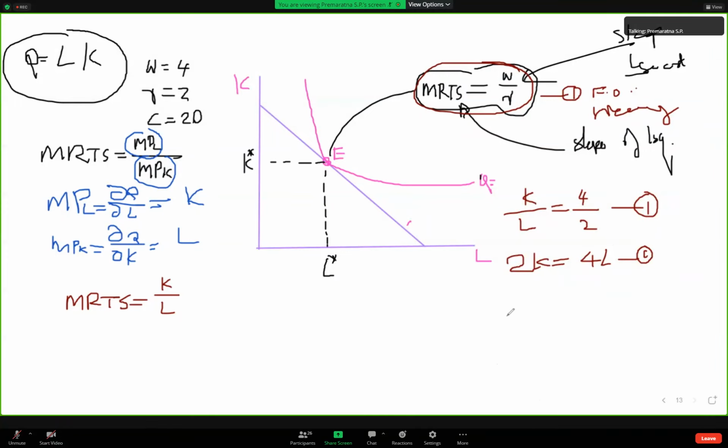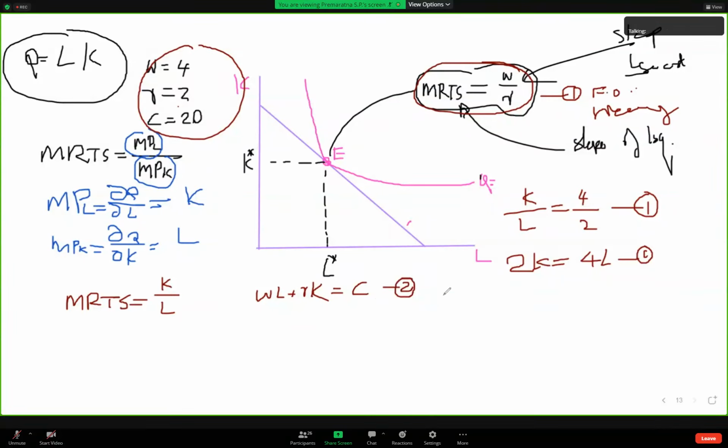Now we need another equation to find K and L because there are two unknowns. For that we can get it from the budget, because we know the total cost curve. That becomes the second equation.